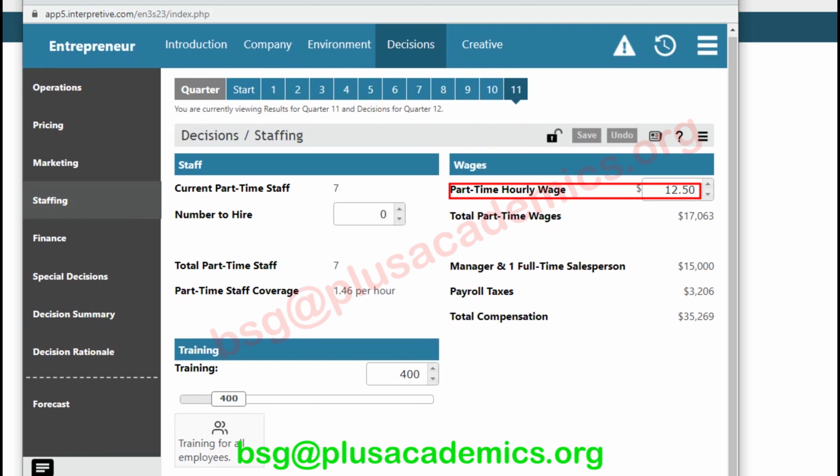We also increased the training budget from 300 to 400 because we want our employees to be better in their productivity.